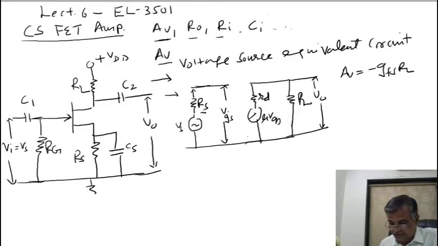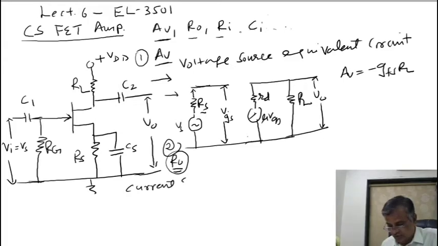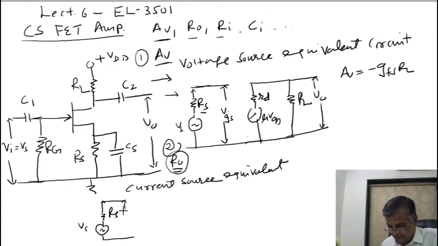Now, second, we have discussed the output resistance RO. How to find it? To find RO, this is represented in a current source equivalent circuit, so I am showing you the current source equivalent circuit. This is your current source, and this is VGS.